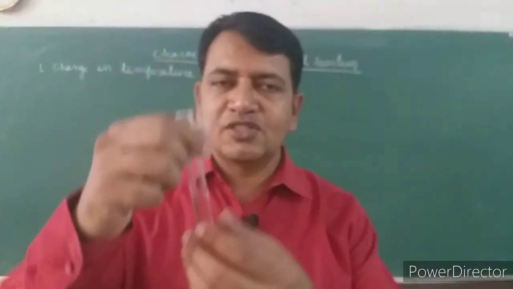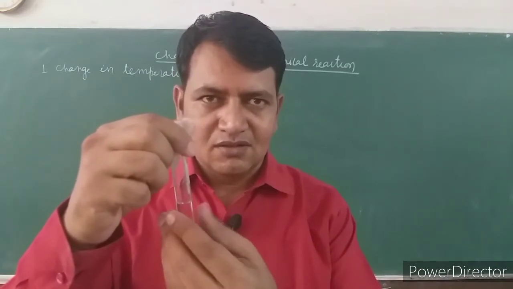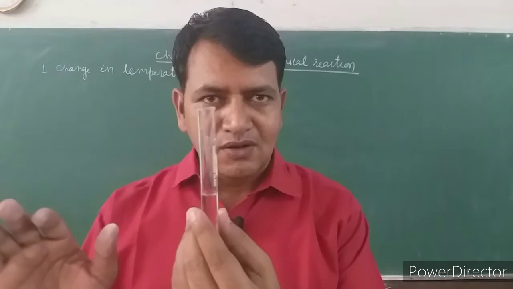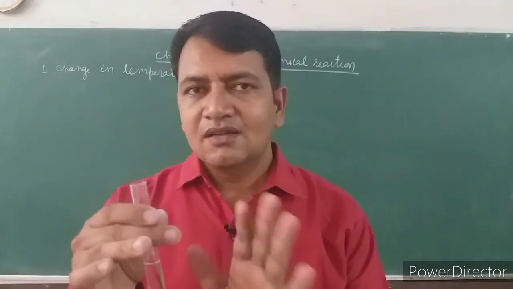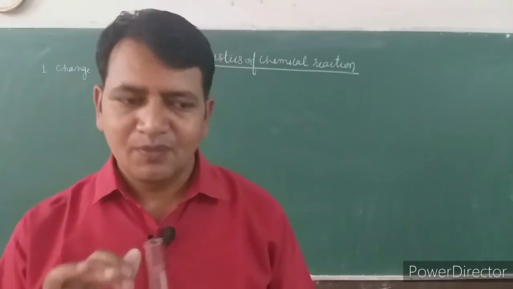Obviously, before starting the process, just note down the temperature, just touch it. If it feels normal, it means it has low temperature or is in equilibrium with our body.